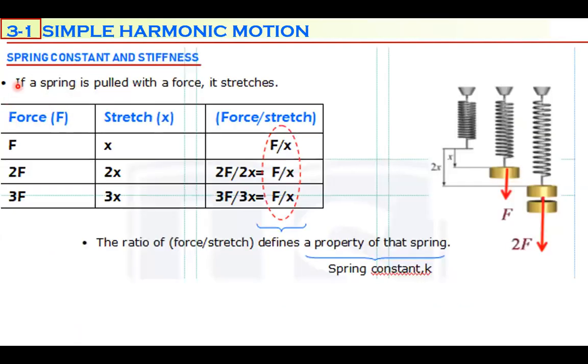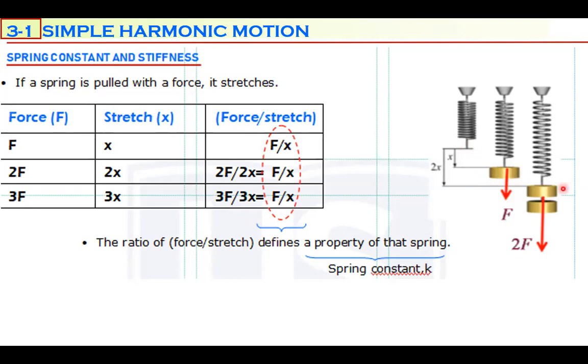If we stretch or compress a spring, one thing is clear. For example, here is a spring attached to different masses. Initially it is in the unstretched position here. Later a mass is attached to the spring and the spring is stretched some distance x.